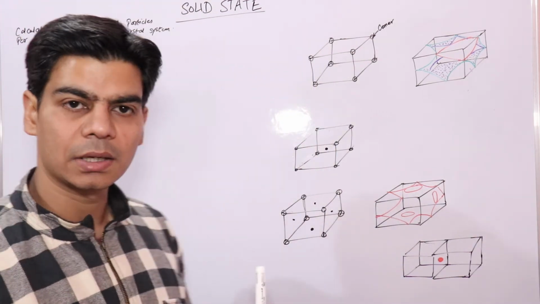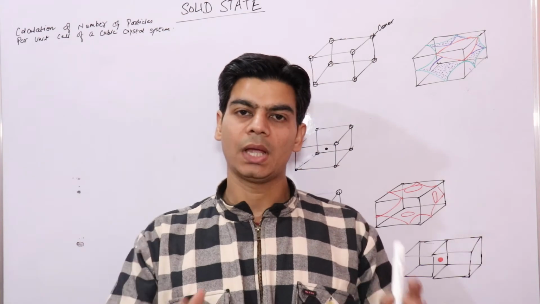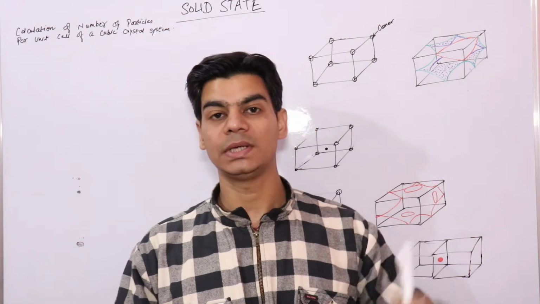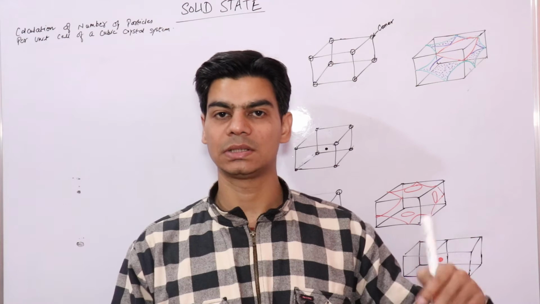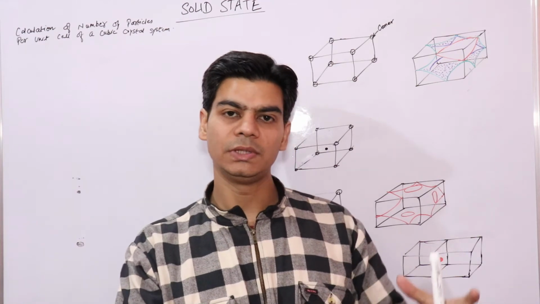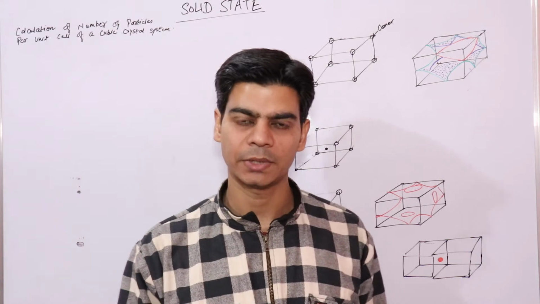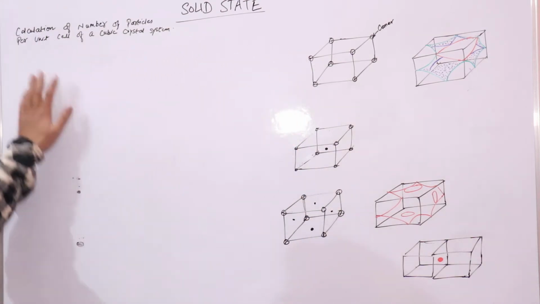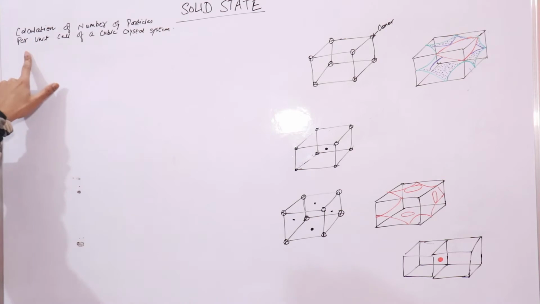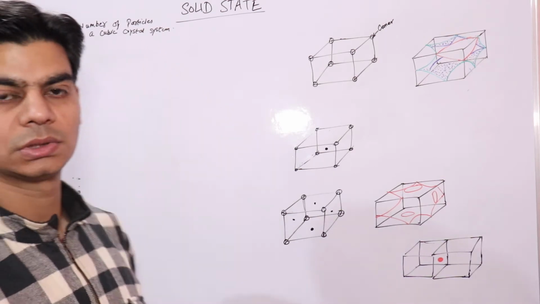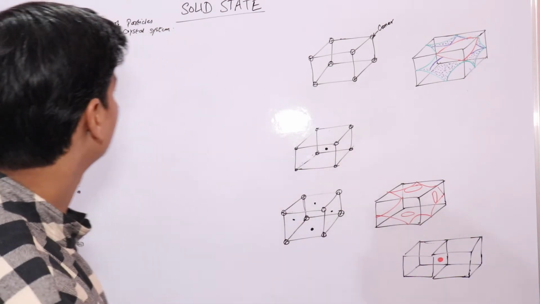So now we will see how to calculate the number of particles in a crystal lattice. The topic is calculation of the number of particles per unit cell of a cubical crystal system.